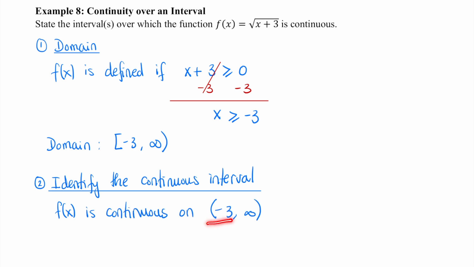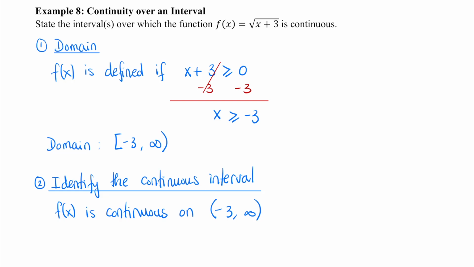Notice that I used parentheses at negative 3 because we only know the function is continuous for x greater than negative 3. We are not sure yet if it is continuous at x equals negative 3.